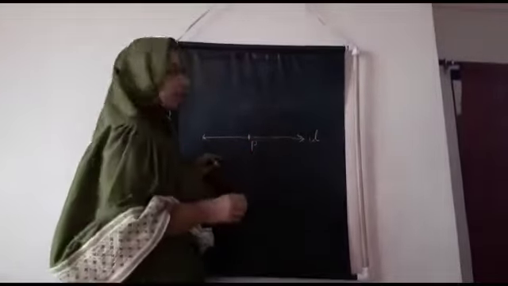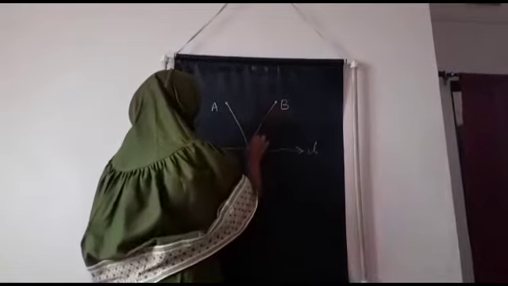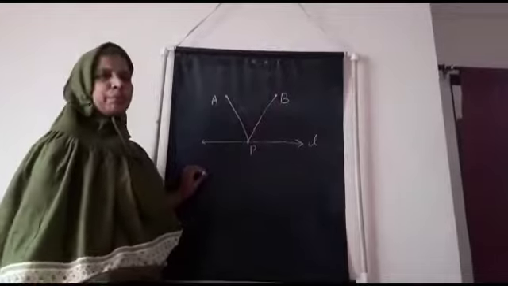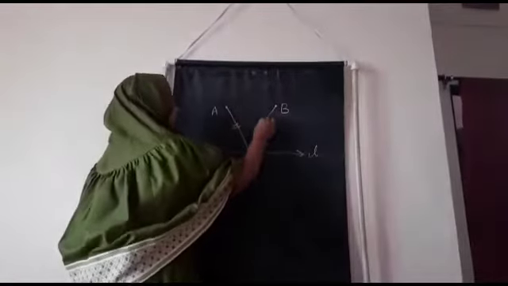For example, if this point P lies on this line L and points A and B are the given points, if point P is equidistant from A and B, then length AP and length BP are both equal.